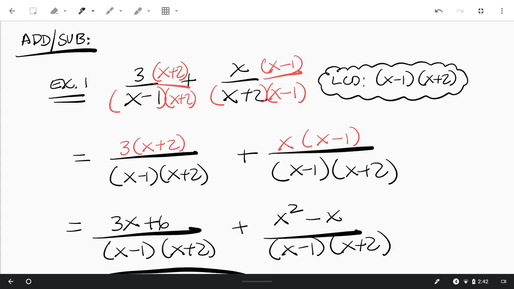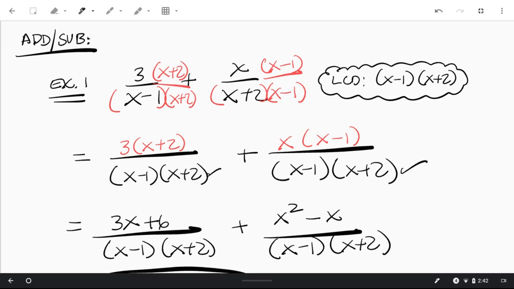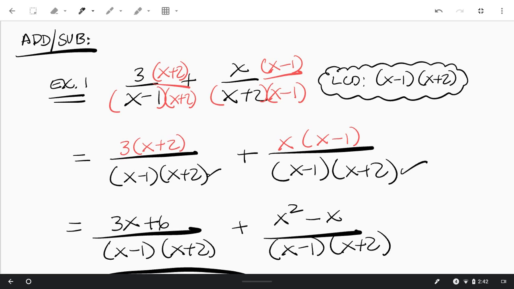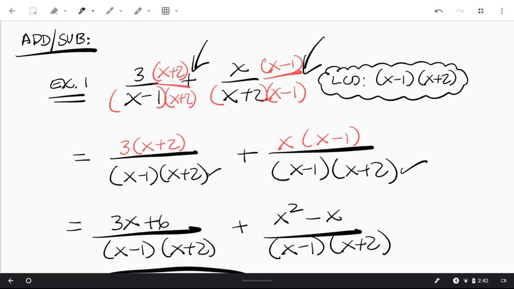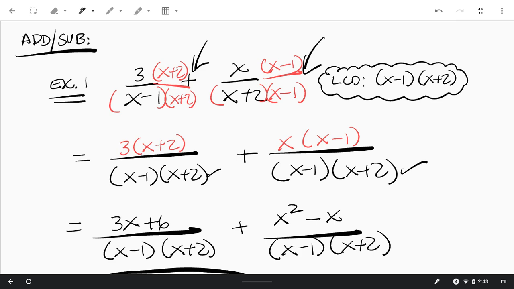And then when you figure out what your LCD is, that's what your denominators should look like. And then you can figure out what you need to multiply each fraction by once you know what you're missing. Okay. Again, if you have any questions, just message me or text me.